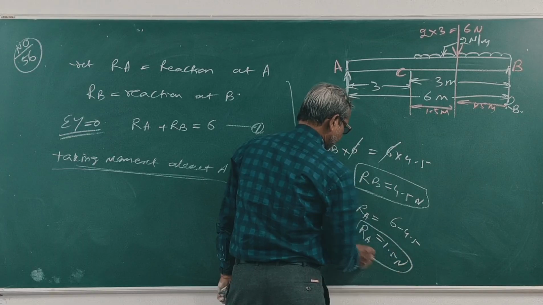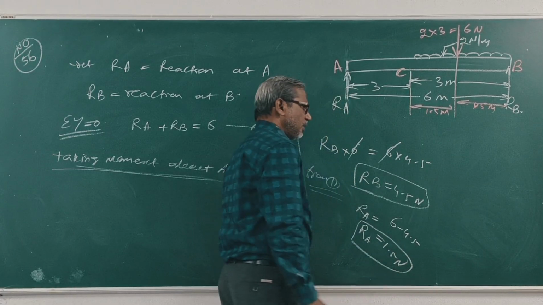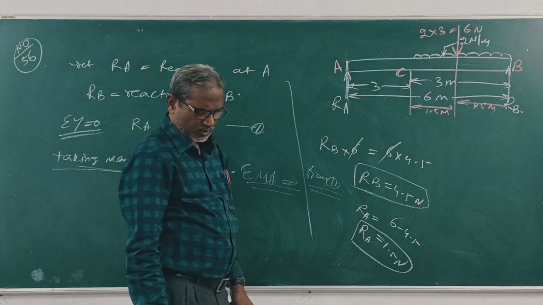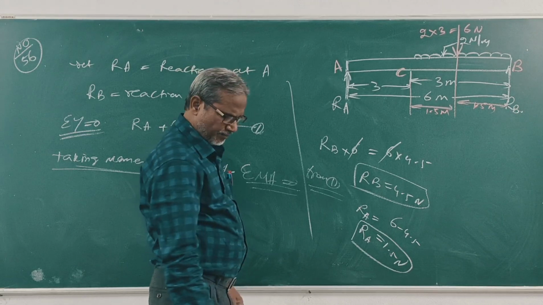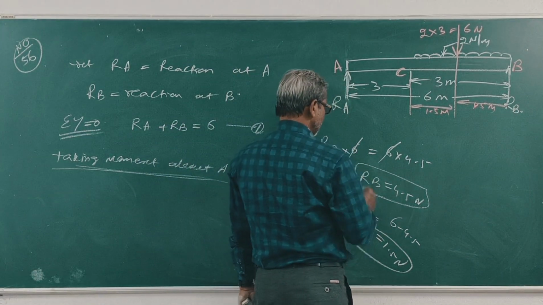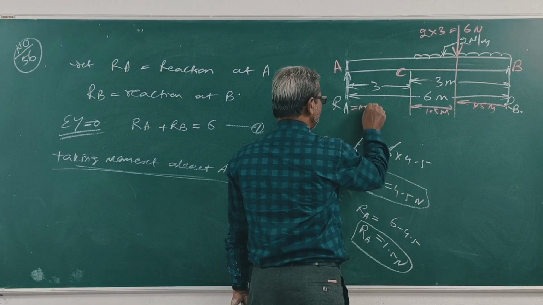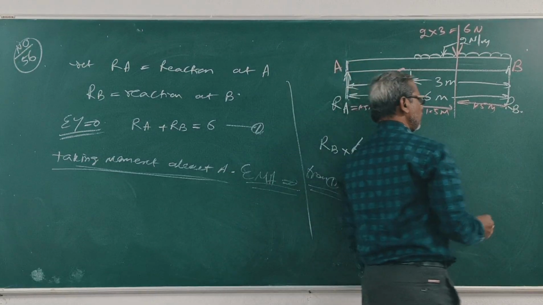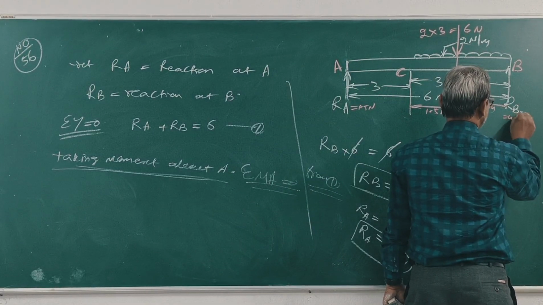Clear? RA is 1.5 Newton and RB is 4.5 Newton.